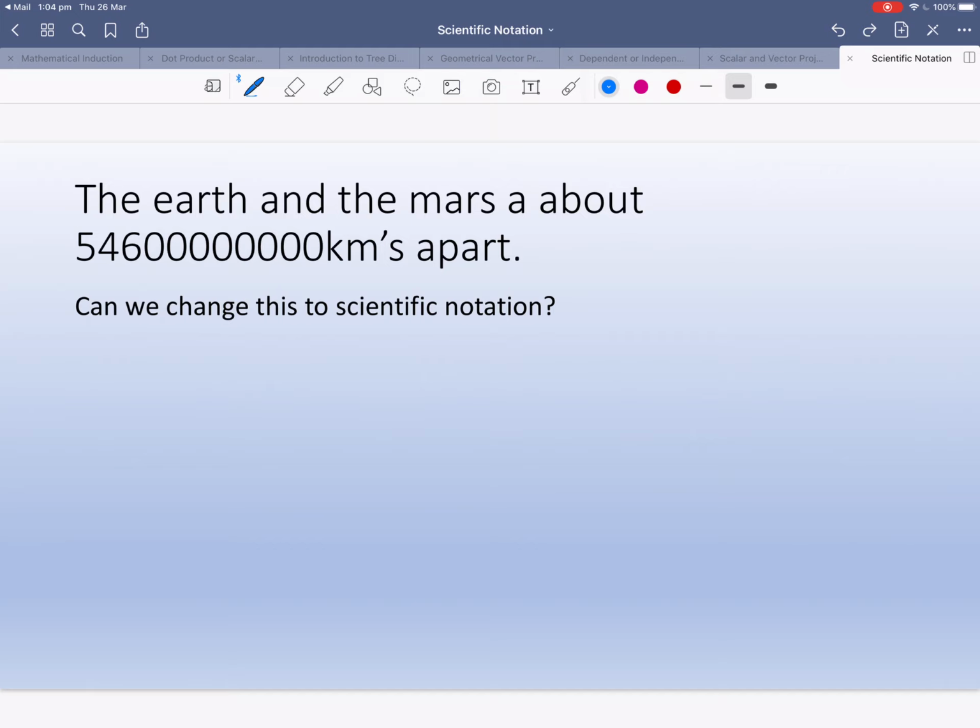So the Earth and Mars are about that far in kilometres apart. It actually depends on where you measure it from, but they're about that far apart. It says, can we change it to scientific notation? The answer is yes, you can.